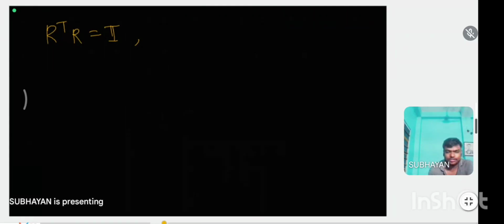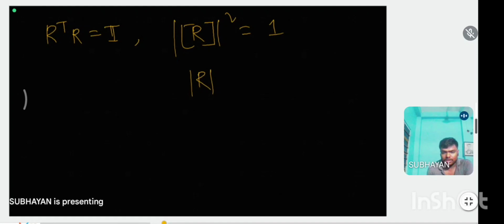So you can write, this is matrix R, and the determinant of matrix R squared is equal to 1, because the determinant of the unity matrix is 1. So determinant of R is plus minus 1. So we may have different results for orthogonal matrices. Some orthogonal matrices have unit positive determinant, and some have a negative one determinant.